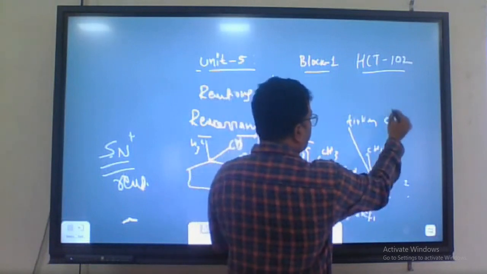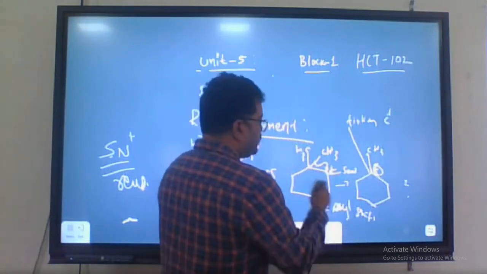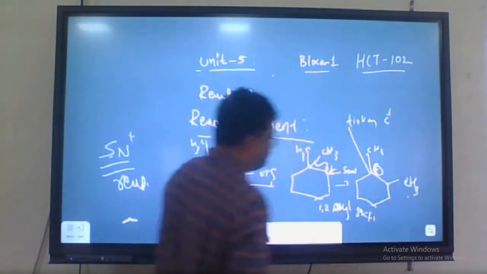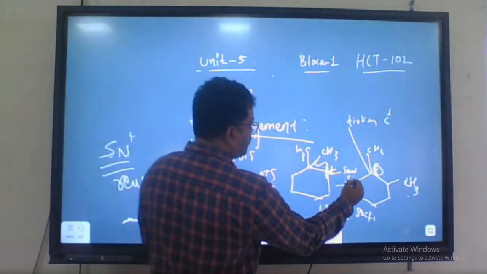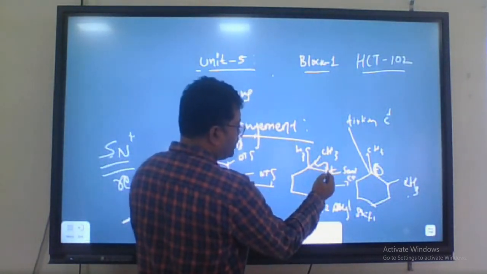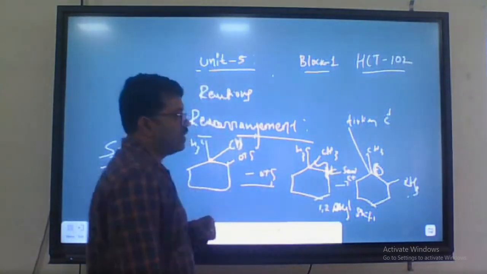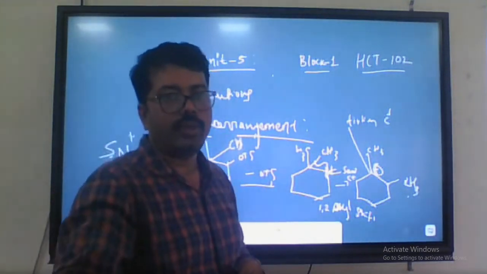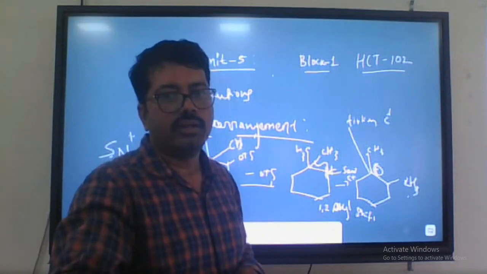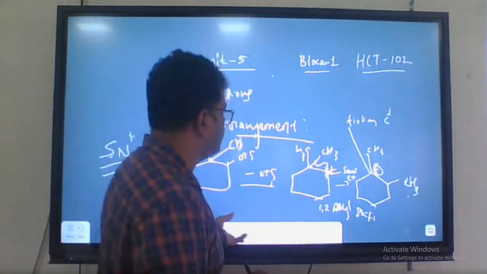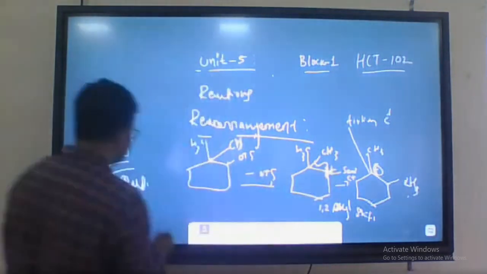A tertiary carbocation. That's why it is stable. So CH3 shifts. Here it is a secondary carbocation, and after the shift it generates a tertiary carbocation. That's why it is more stable. We call it an alkyl shift, as there is an alkyl here.